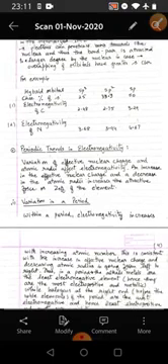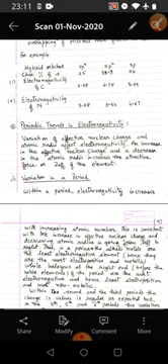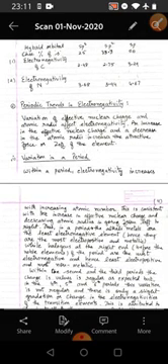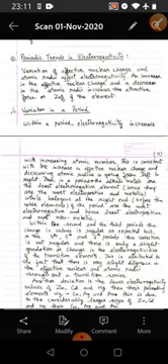Similarly, for nitrogen the electronegativity is 3.68 for sp3 hybrid orbitals, 3.94 for sp2 hybrid state, and 4.6 for sp hybrid state. Thus, in nitrogen also we see that the electronegativity increases as the s character of the hybrid state increases.